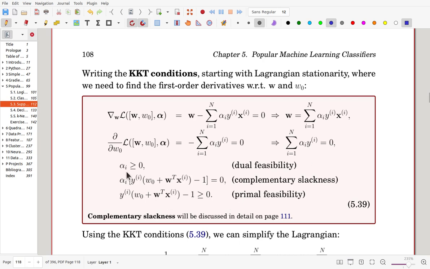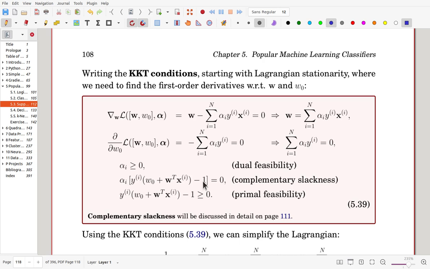Now alpha i is non-negative, that is dual feasibility. And the last one is the primal feasibility. The primal problem requires these constraints. Then that one, and this portion times alpha i equal 0, is called complementary slackness.